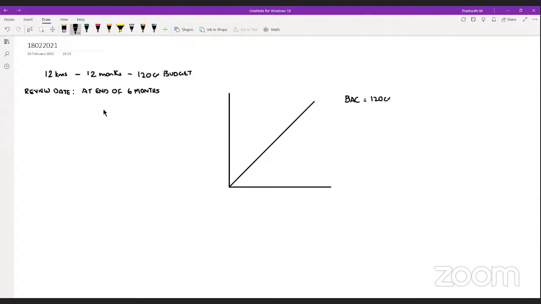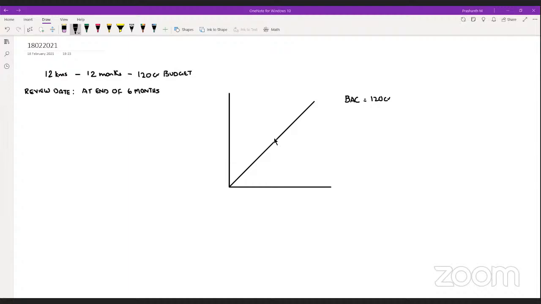When you complete 6 months of this project, ideally, how many kilometers of road should have been laid? The same way, 6. 6 kilometers, correct? Yes. So 6 kilometers is worth how much?